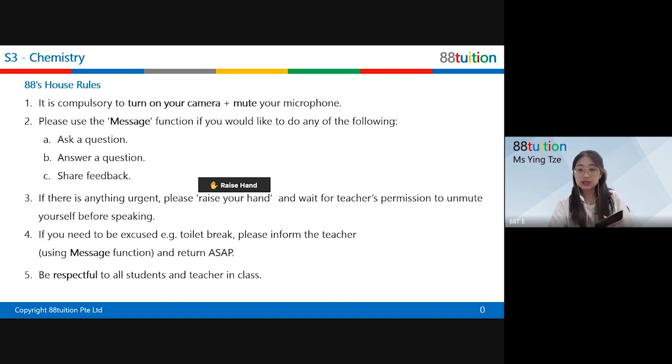Okay, maybe we just start the lesson first. So if possible, can you turn on your cameras? I'll be going through experimental camp today.